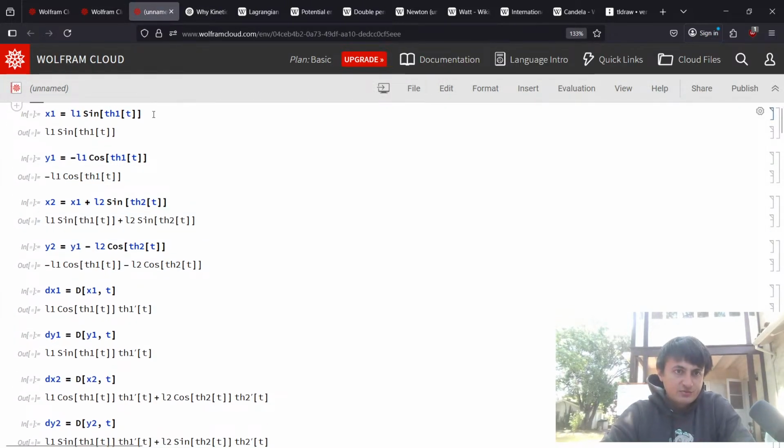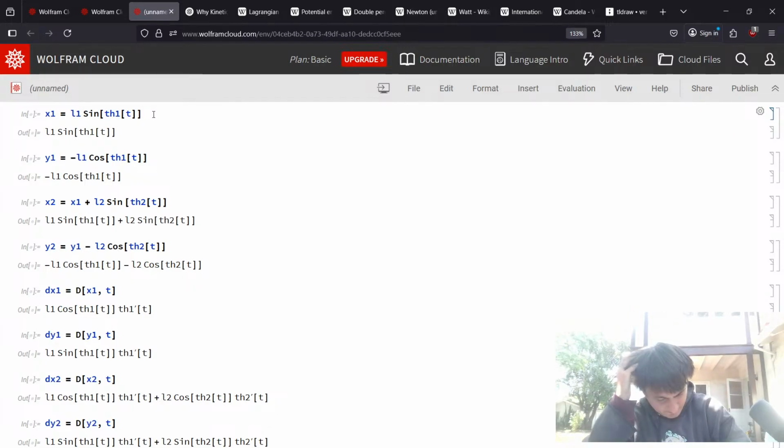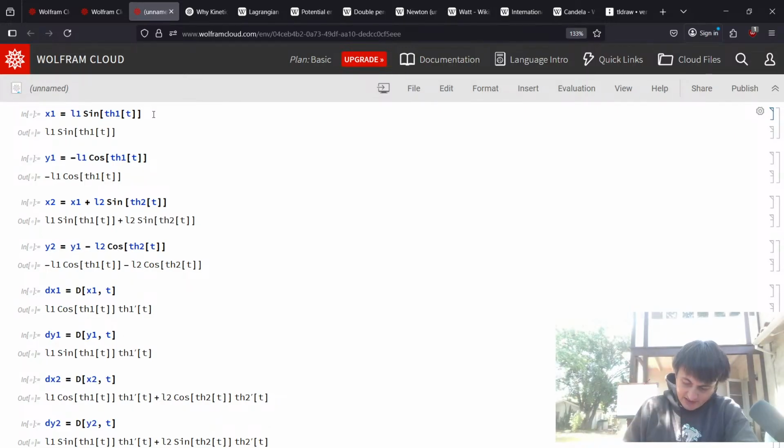So x1 is equal to L1 sine... Yes, that's actually true. This is the x direction. This is x1, and this is y1. And yeah, right, because this is positive and this is negative, so this is going to be minus.